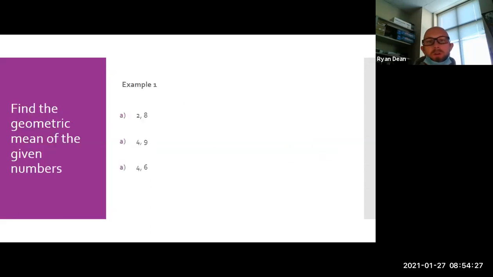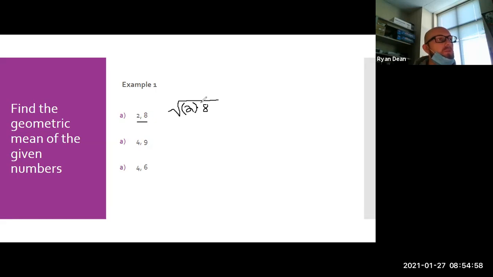When we come to our examples, all we're doing is taking the nth root. Since we have two numbers, we're taking the square root, the second root. So the way I would set this up, if I'm doing this example with 2 and 8, is I'll do my square root symbol, and then underneath it I have the product of the two numbers.